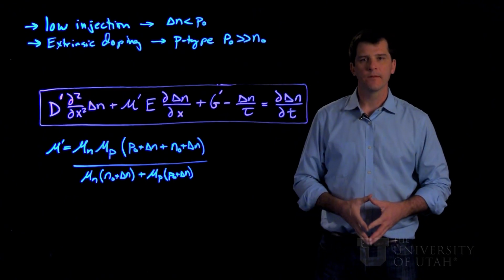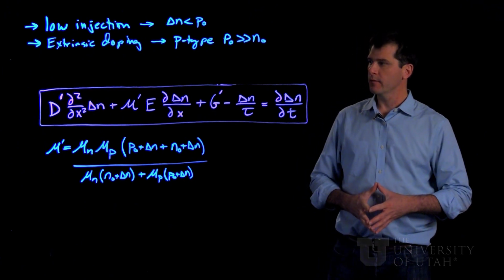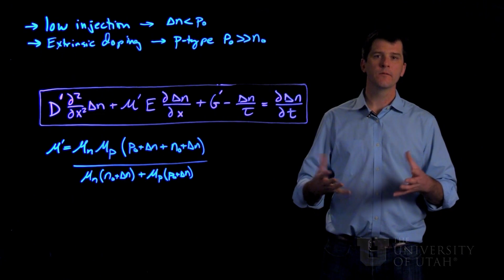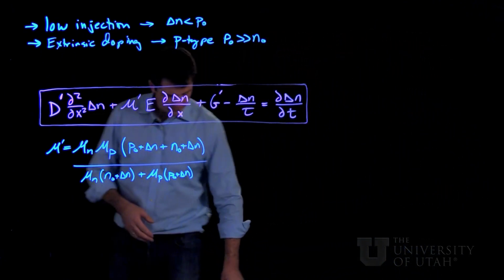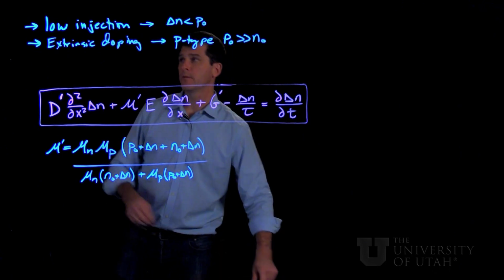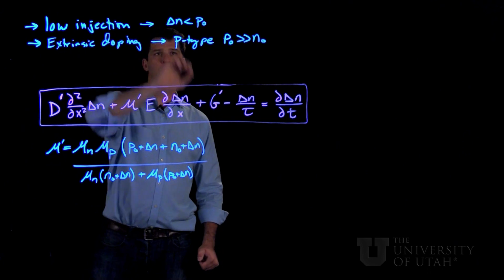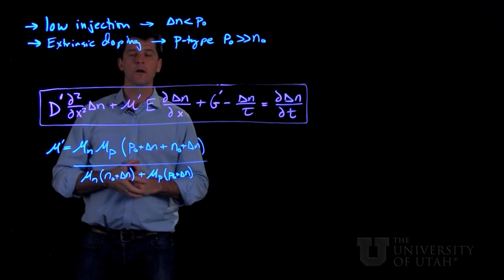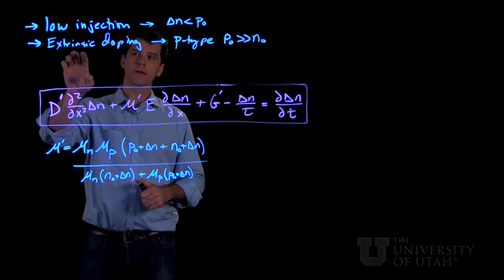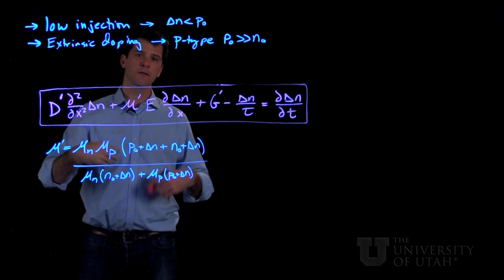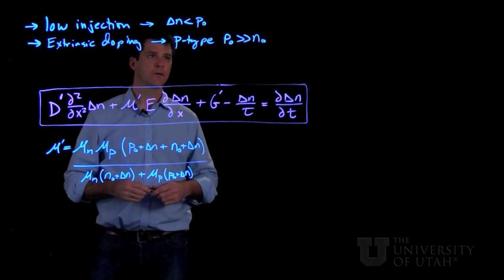So now that we've derived this ambipolar governing equation for the dynamics of our excess carriers, let's look at the most common case that we'll encounter. The most common case that we'll use is under low injection. So we have that the excess carriers are less than the doped-in carriers. And in the case of extrinsic doping, meaning we have more dopants than intrinsic carriers.